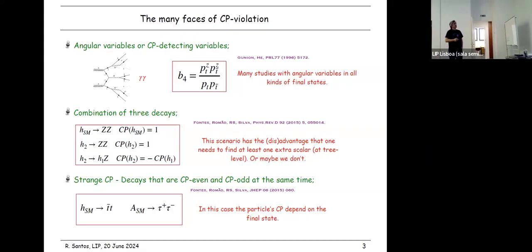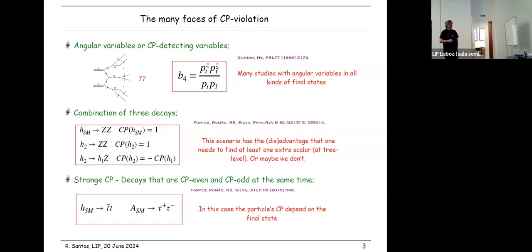So what you have to do is to find variables, and this is one of the variables that is used, for instance, in this process that was measured both at ATLAS and CMS. You have to find variables that will tell you the CP-odd part from the CP-even part, so that you can measure what is the CP-odd component that is there.